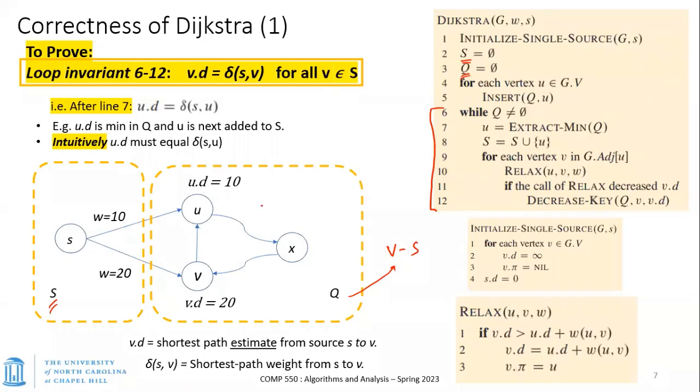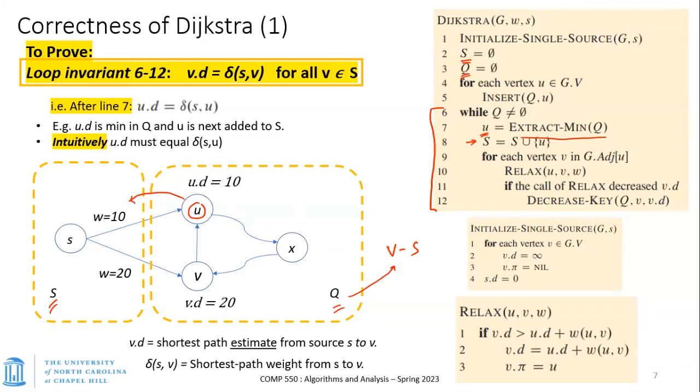Why was that? Because it was using the estimates to all of these vertices to create a minimum priority queue. And then we did an extract. So essentially U is being extracted from this priority queue. When we do an extract, we're also pulling it out of Q, so Q no longer has U. And then we are making a union with S, so we're combining it into S. U basically is going to go into S. And how are we selecting U?